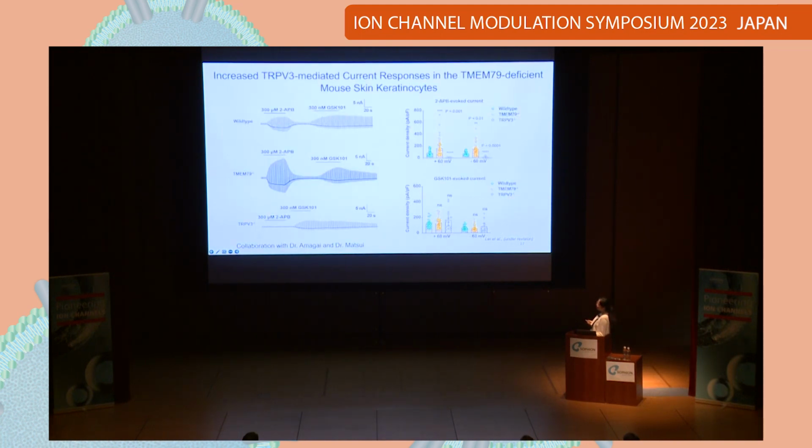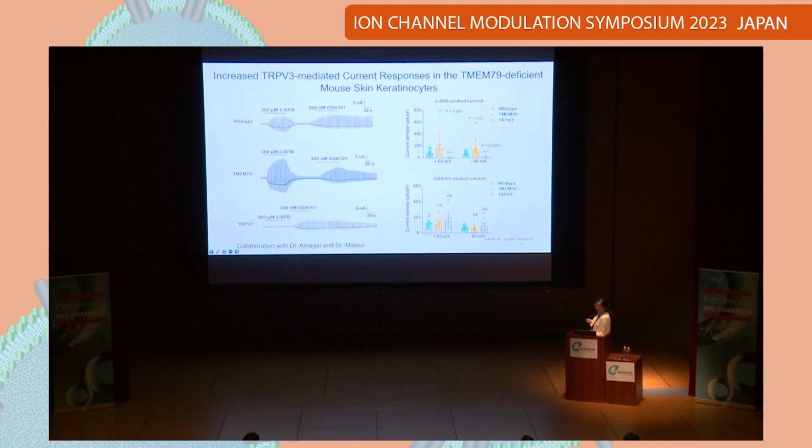By comparing the current amplitude induced by 2-APB and GSK101 in wild type and TMEM79 knockout keratinocytes, we observed that 2-APB induced a significantly larger current in TMEM79 knockout mice compared with the wild type. But the GSK101 induced current is not largely different between them.